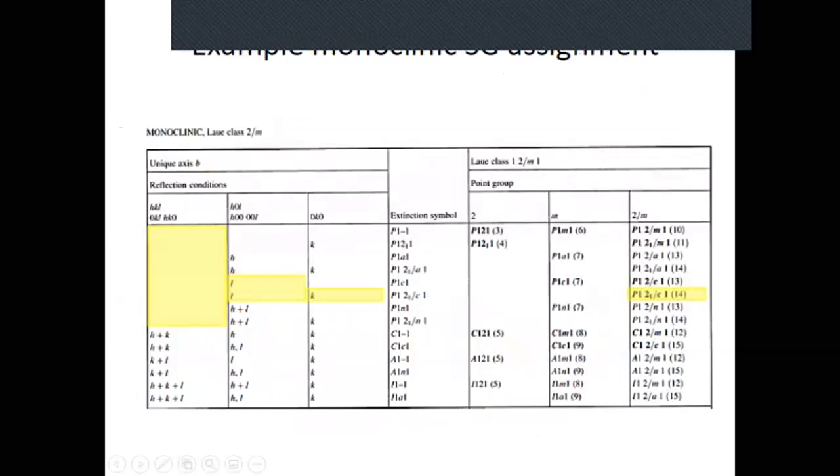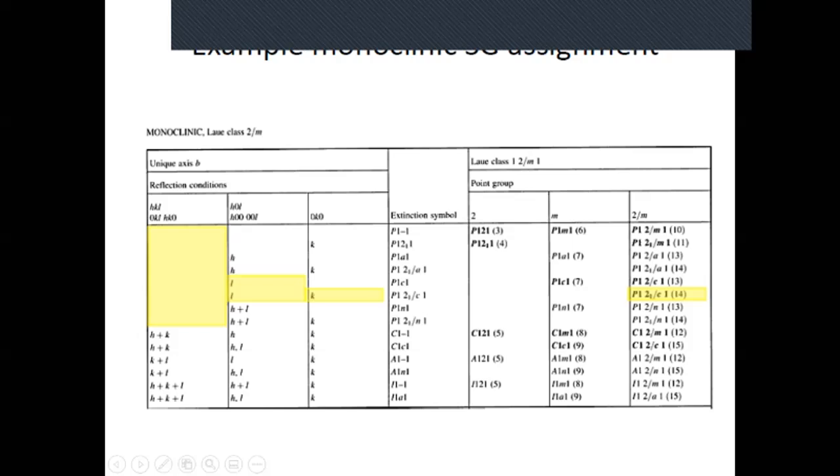Then we have two conditions where L is odd. So it can be the H0L where L is odd, or the 00L where L is odd. So it meets those two conditions. And then for P21/c, the 0K0 where K is odd. Therefore we have P21/c.